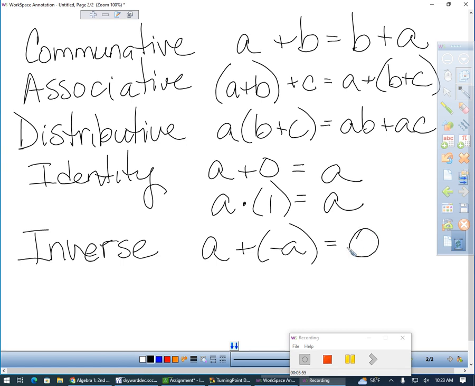If I have 3 plus negative 3, I get 0. If I have A times 1 over A, just like if I have 2 times 1 over 2, I get 1. Right? Those A's cancel. All right, that's the inverse property. We're going to work on this. No problem.